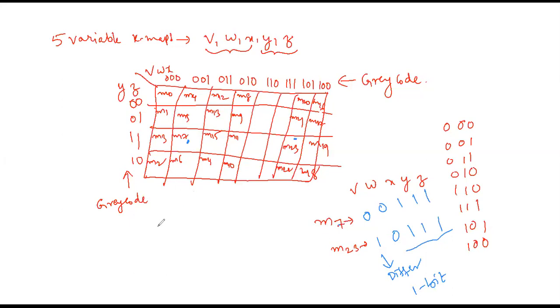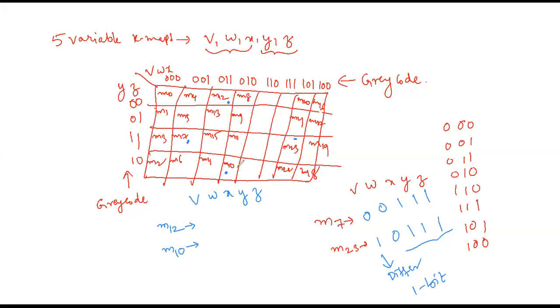Okay. Now try to find out whether M12 and M10 are adjacent cells or not. M12 is here, M10 is here.